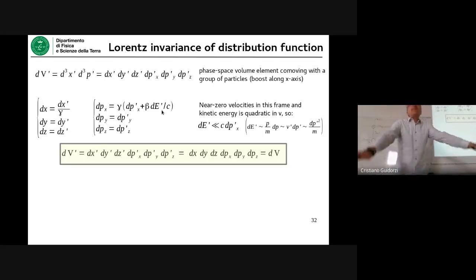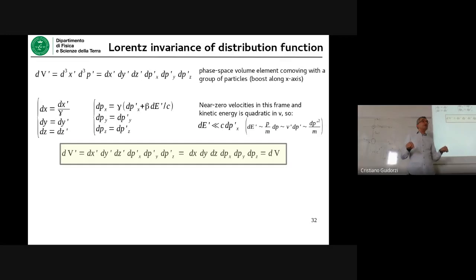So putting everything together, you get this very simple property: the gamma coming into play due to the x coordinate cancels out with the gamma due to the corresponding momentum. So the net result is that this phase space volume is invariant. Invariant with respect to what?